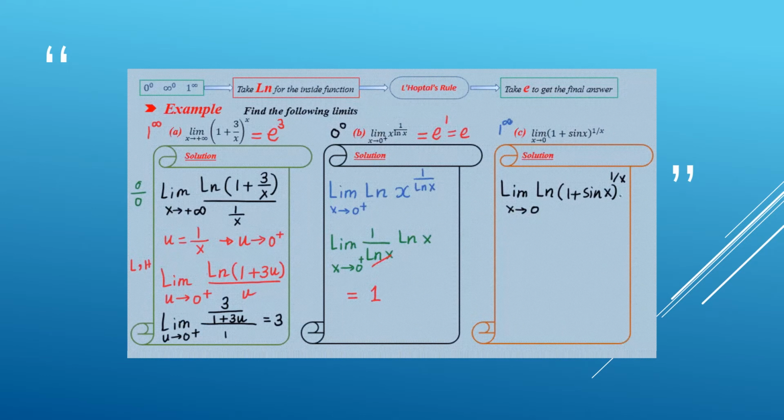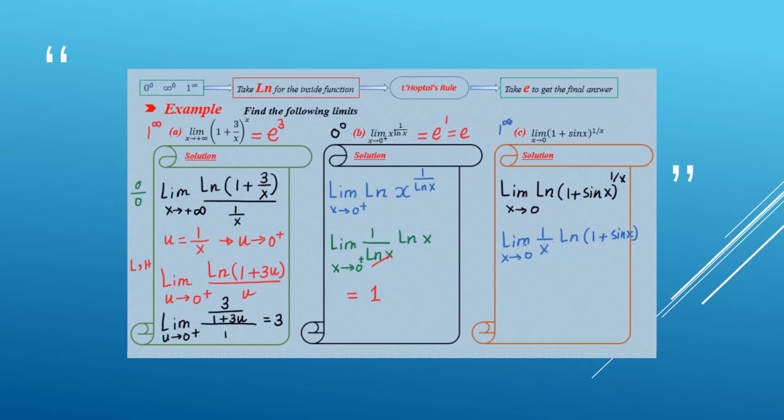Put the power down, you will get limit 1 over x times ln of (1 plus sine x) when x goes to 0.